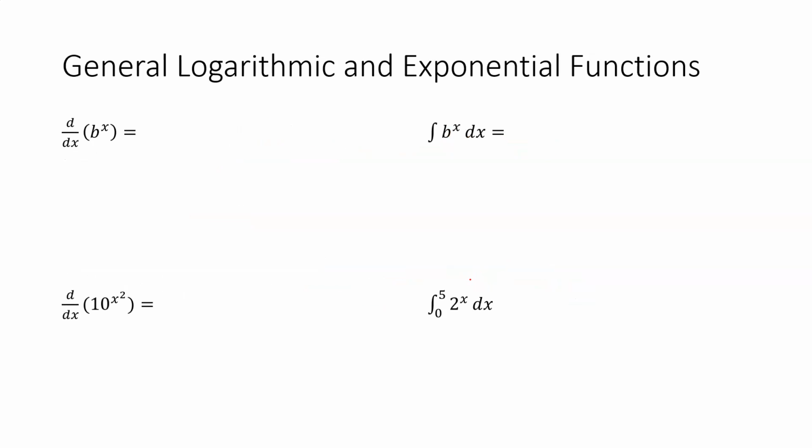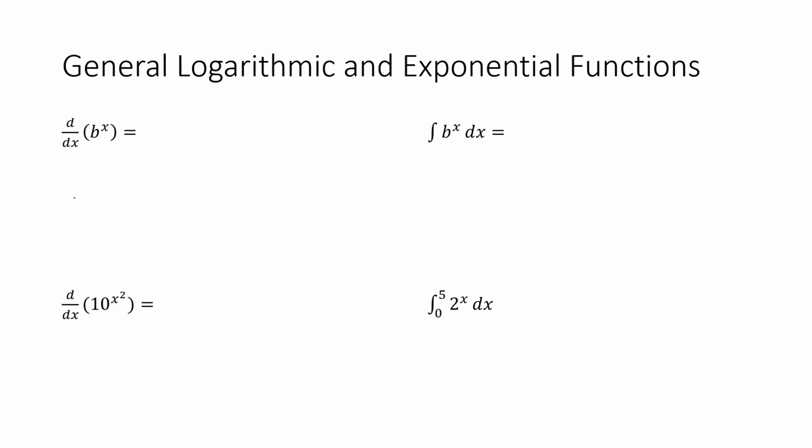In fact, here we can think about now how to take the derivative of a general exponential function. But here our trick will be to think of the b to the power of x function in terms of the e to the x.